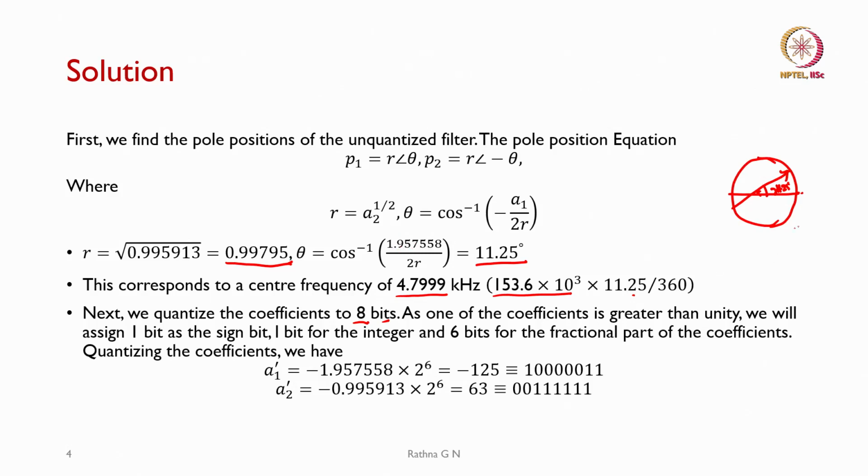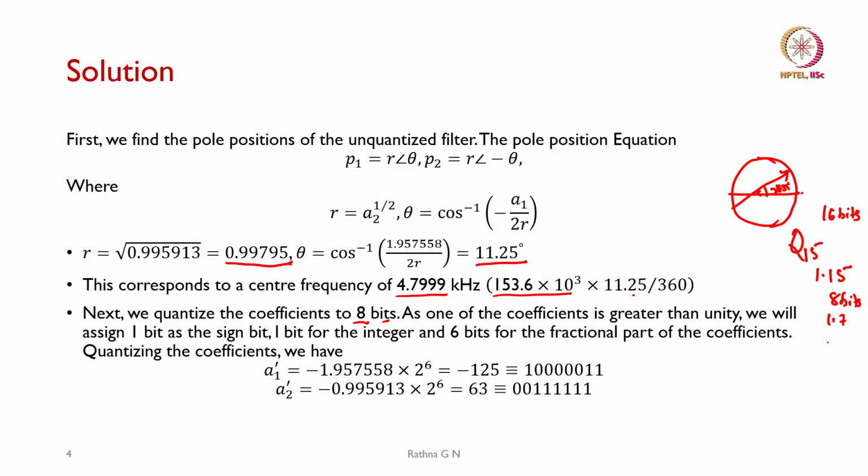In the normal case, we say it is Q15 format, the 1.15 format, for a 16-bit number. Here you have been given 8 bits. Normally, if we allocate all the 7 bits, one is the sign bit and the rest of the 7 bits, then I would be talking about 1.7 format. But since my integer value is greater than 1, I need 1 bit for my integer.